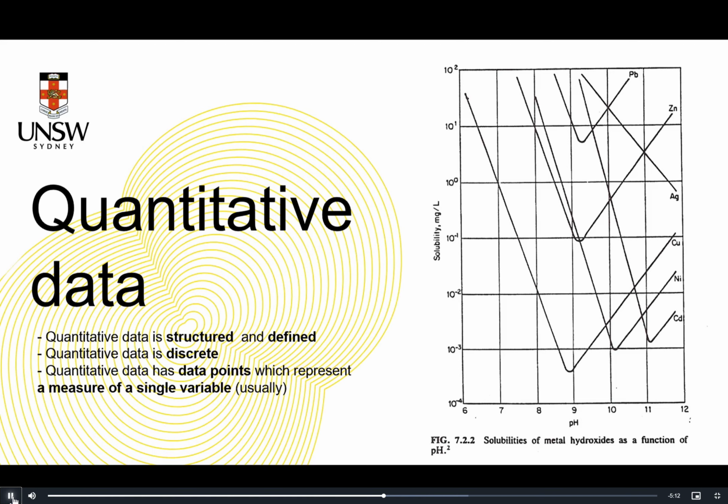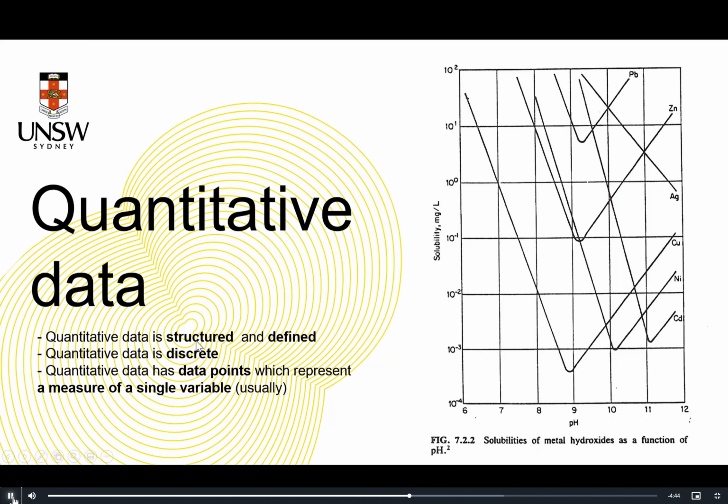Quantitative data is different. Quantitative data is structured and it's defined. It's well defined, it's well organized. The figure here is a pretty standard example of what quantitative data might look like because this information is very well classified, and there's numbers associated with it. Quantitative data is usually discrete.